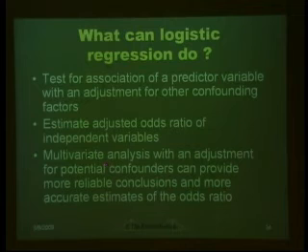Another question you may ask is why we need multivariate analysis. Multivariate analysis with adjustment gives you more reliable estimates, and your conclusion will also be more reliable. When you fit the multivariate model and get the p-value, that p-value is more reliable than the p-value you get without adjustment for other risk factors.